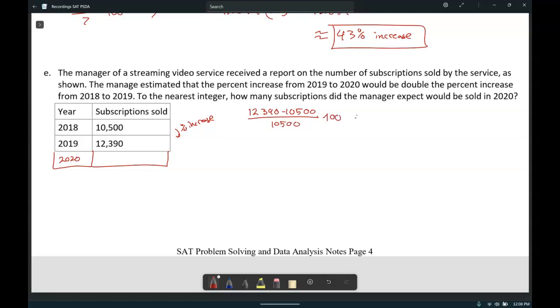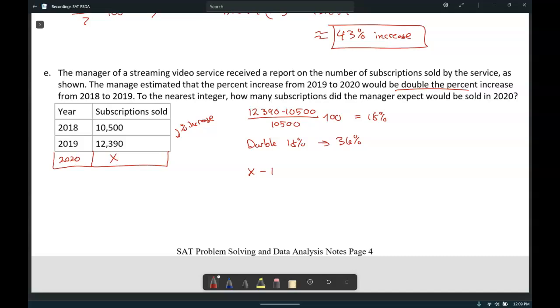When we evaluate that, we get 18% increase. Then we want to double 18% because it said the manager estimates the percent increase would be double. So we have 36% is double of 18. So then we can find the new final value looking at the percent of growth. We don't know what the final value is, but we do have the rest of the information.